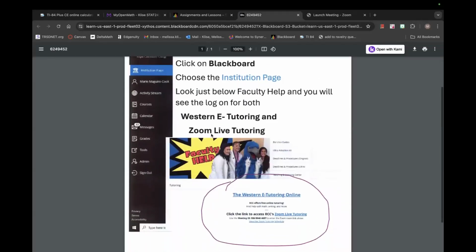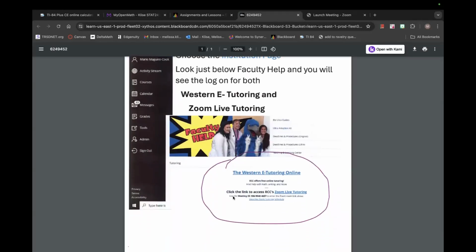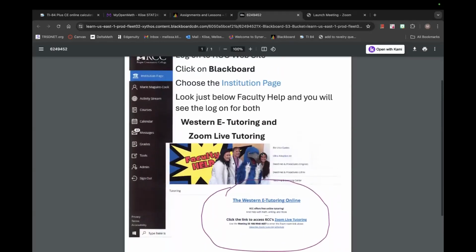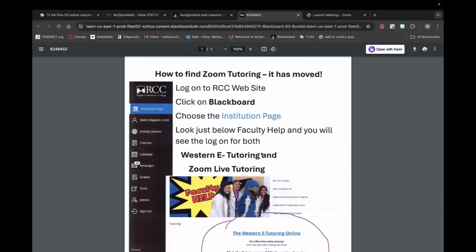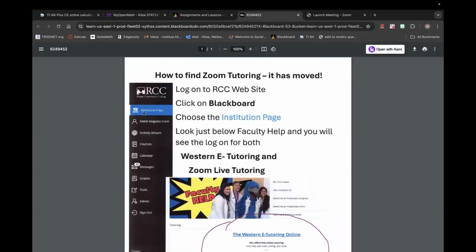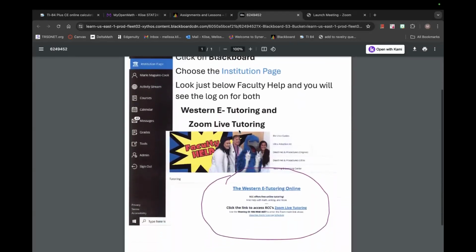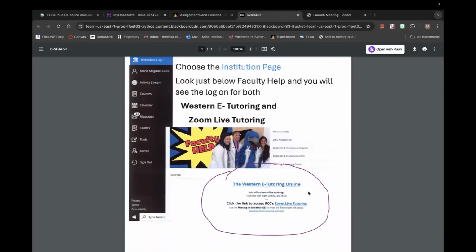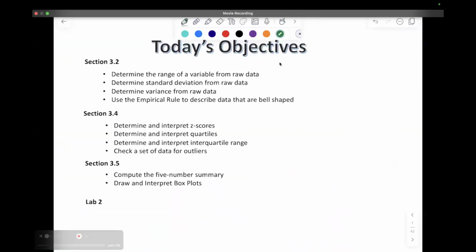If you open it up, it gives you instructions on how to get to it. So it is right there. We've got some really great tutors this term. Use them. They are so helpful. They're really amazing. So this is where it says to click on institution page, and I guess you scroll down and see the online tutoring right there. So it is super helpful. We have great 243 tutors. Get out of that screen and go back to where I was.